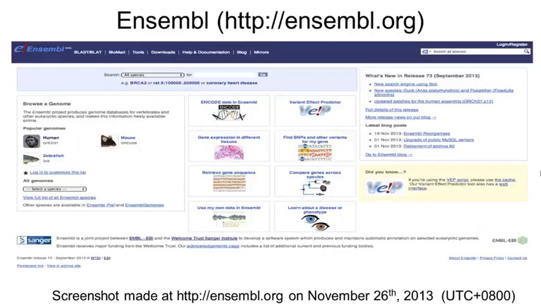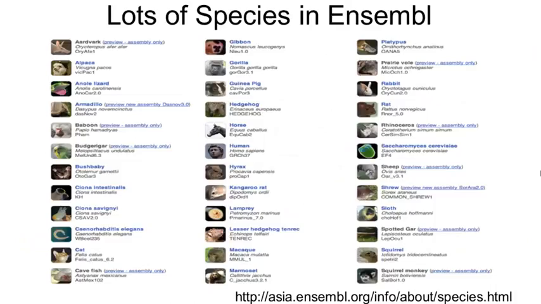Let's now look at some of the resources in a little more detail. Ensembl provides comprehensive genome databases that incorporate many types of data and annotations in addition to the genomic sequences, including gene expression data, genetic variations, cross-species conservation, etc. Ensembl includes lots of vertebrates and other eukaryotic species.